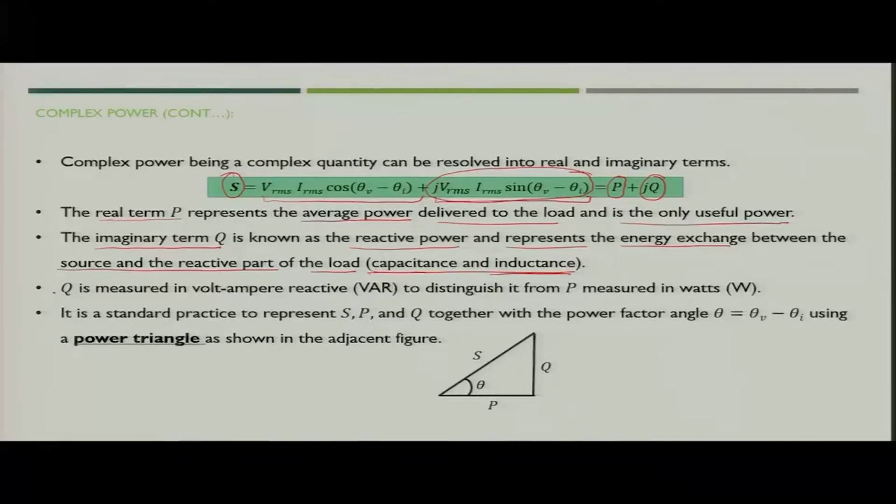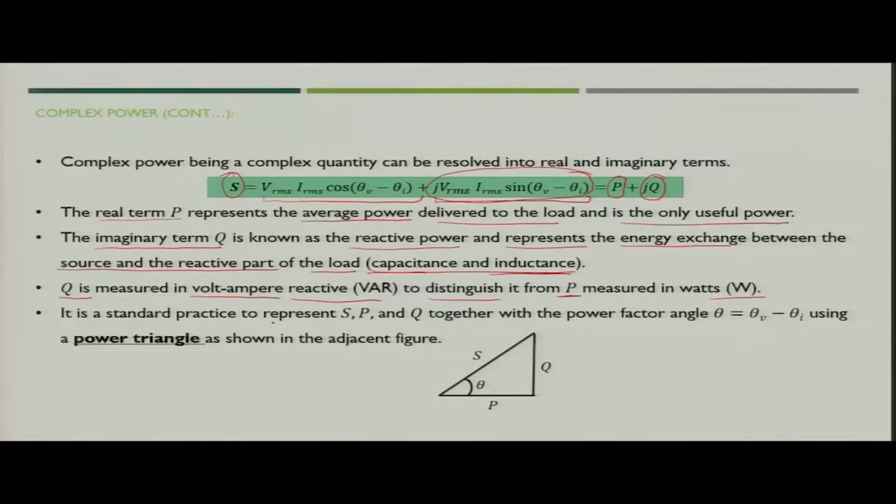So, it means that reactive power is only visible when we have either a capacitive or inductive load in the circuit. Now, Q is measured in volt ampere reactive, just to distinguish it from real power P, which is measured in watts.